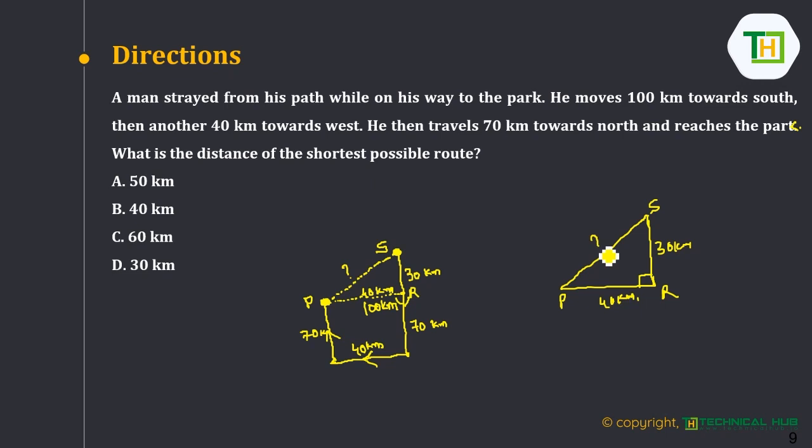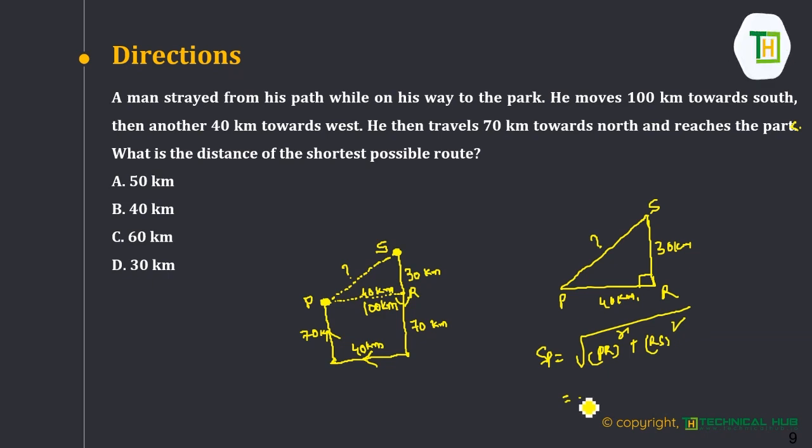Find this one. Right angle triangle means hypotenuse equals the square root of side square plus side square. So SP equals the square root of PR square plus RS square.